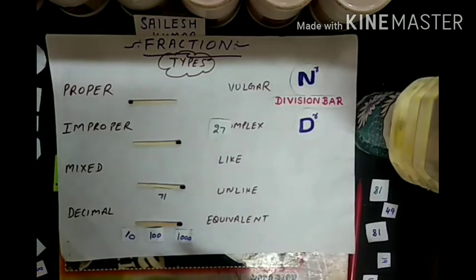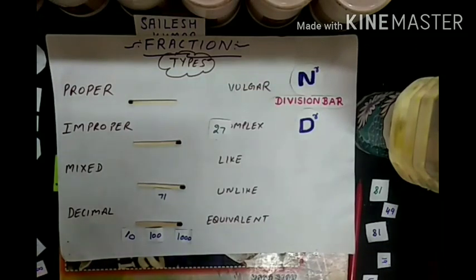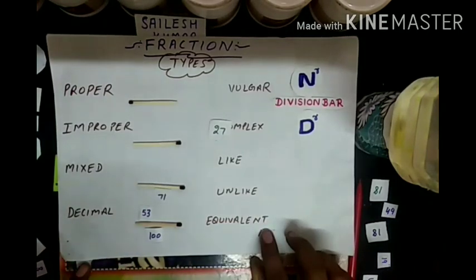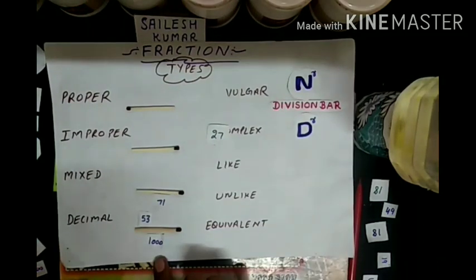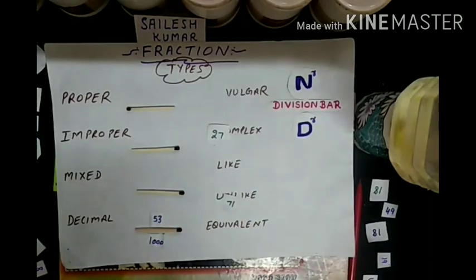So the denominator should be in these forms, but the numerator doesn't matter, it may be of any kind, just like 53 over 100. This is a decimal fraction and this is also a decimal fraction.